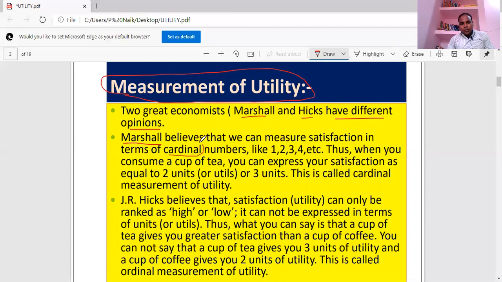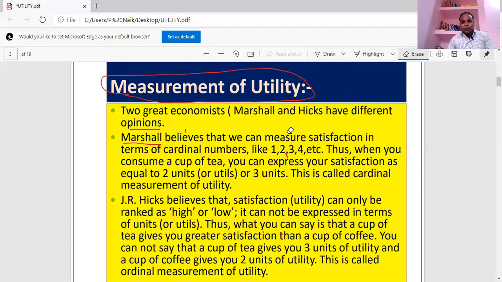So there are two approaches. Number one is cardinal approach, and number two is ordinal approach.